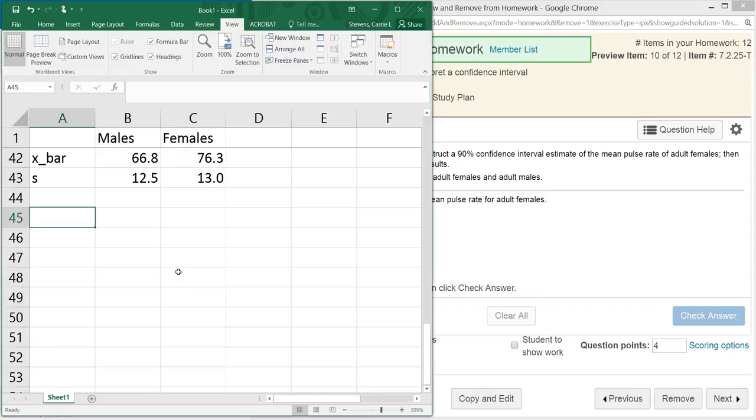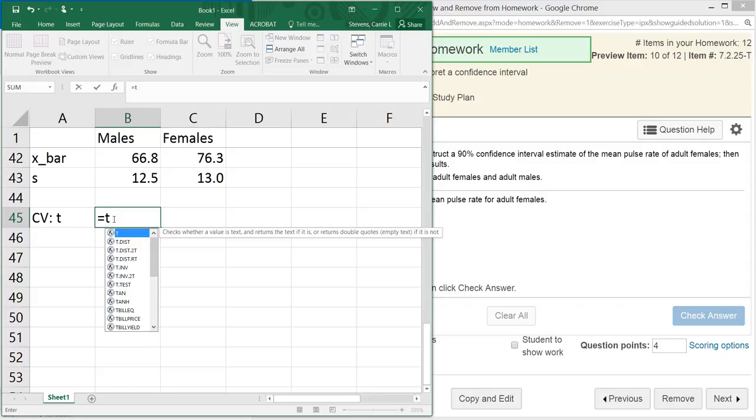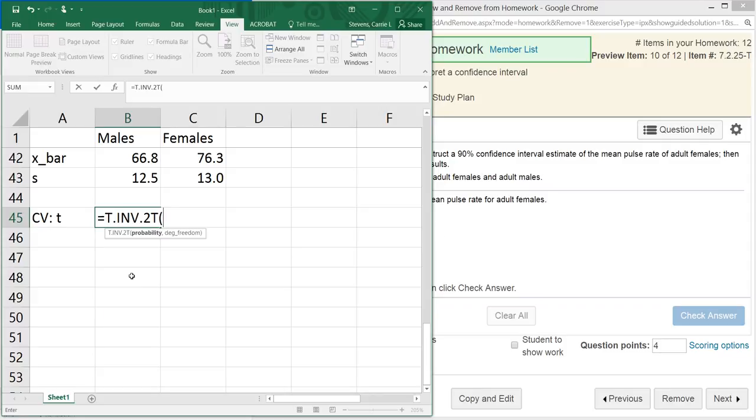So I'm going to do the critical value, which, for this case, will be a t-score because I'm dealing with sample data. And from that sample data, I found my sample standard deviation. I don't know what the true population standard deviation is, so my critical value is going to be a t-score. And I'm going to find that using the T.INV.2T with an alpha of, well, the confidence level is over here.